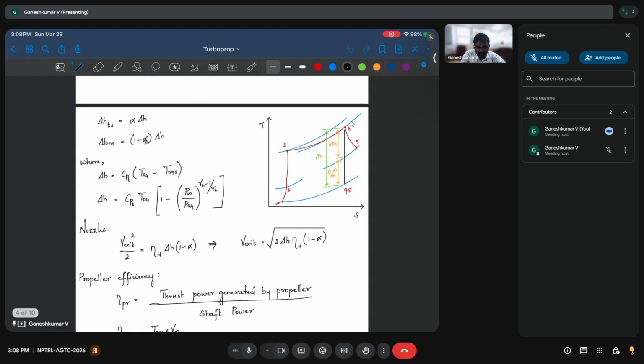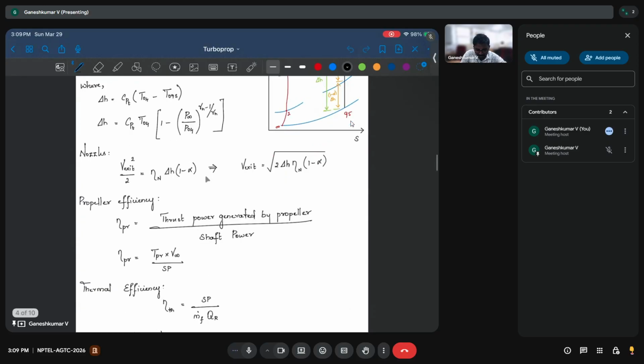In that, there is a power split: how much goes to the compressor and how much goes to the propeller. That power split is given by alpha, and we will solve one problem so you will understand it better. So in the turbine stage, you have alpha times the total delta H ideal, and 1 minus alpha times the total delta H is at the nozzle stage.